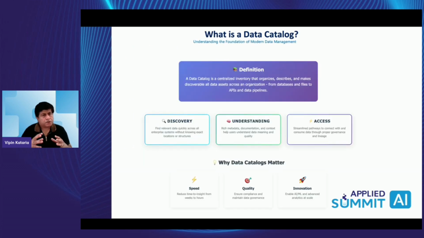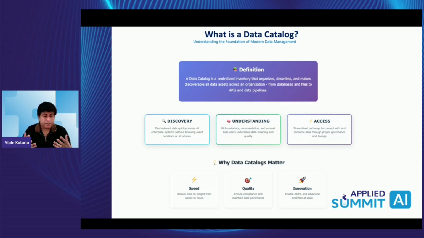Before jumping into the technical part, I want to spend some time on the basics, the definition of data cataloging. Think of a data catalog like a Google for your company data. Just like you search Google to find websites, a data catalog helps the user find data across your entire organization.